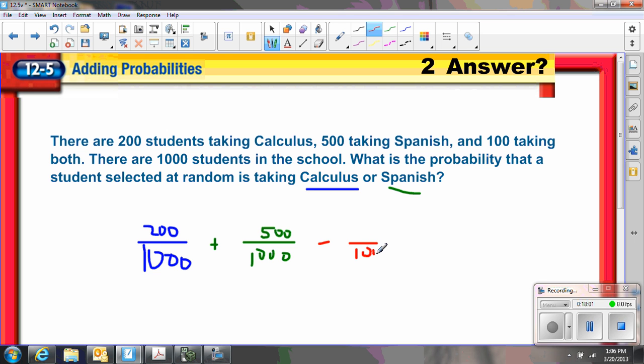Out of 1,000 students, the overlap is 100. And if we add all these together, you're going to see this adds to 700 minus 100, 600 over 1,000 students, which is 3/5, or 0.6, or 60%.